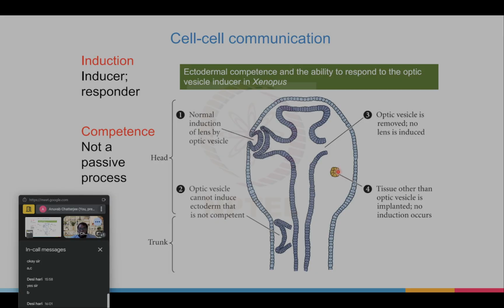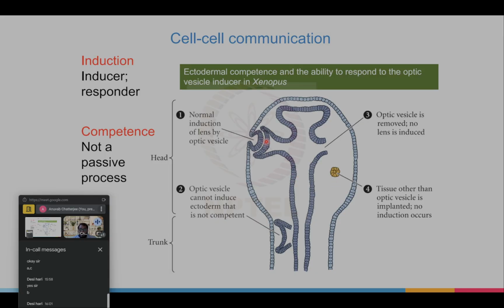So with any other tissue being here, again it is the situation where the inducer is absent. So even though the competent cell layer is here, there is no one to send out the signals and induce them to form the lens. So the inducer is the tissue or the cells which send out the signal and cause neighboring tissues to change their structure and undergo morphogenesis.